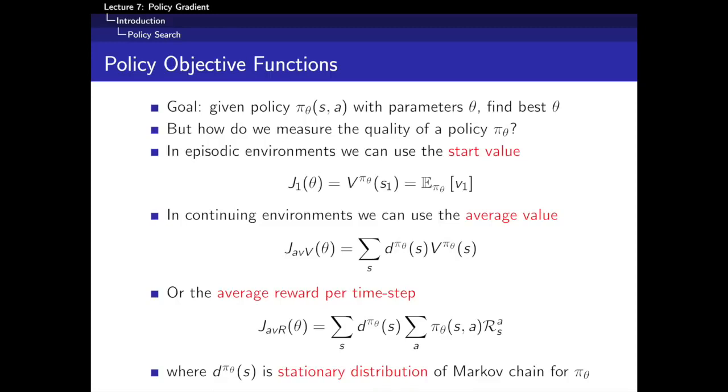So the objective is: there's some probability that I'm in a state, there's some probability I'll take an action from that state under my policy, and this is the immediate reward that I'll get at that step. What we care about is getting the most reward per time step. That's another way of saying extracting the most juice from my environment. This relates to the average reward formulation that was an extra for lecture 2 that you find in the notes.